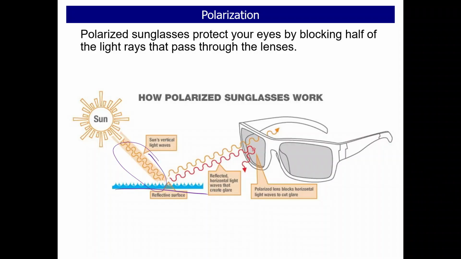So what ends up happening is if you use polarized sunglasses, it's going to, first of all, reduce the overall amount of intensity in half. Okay, so it's going to protect your eyes more because you're not going to get so much intense light coming in. But it's also going to reduce glare, and so it's going to make it easier to see things when you are out on the water. So polarized sunglasses, much better for your eyes than your regular just gray shaded or brown shaded lenses.